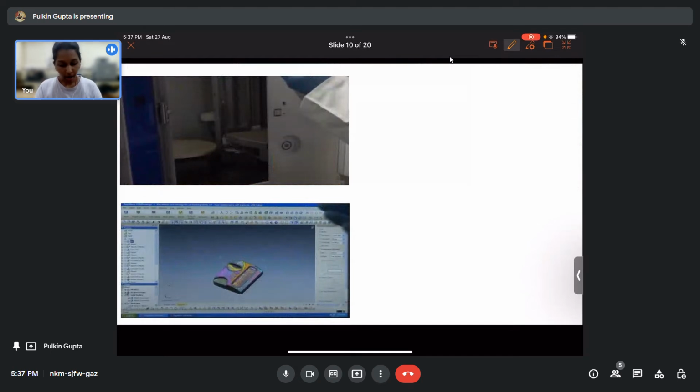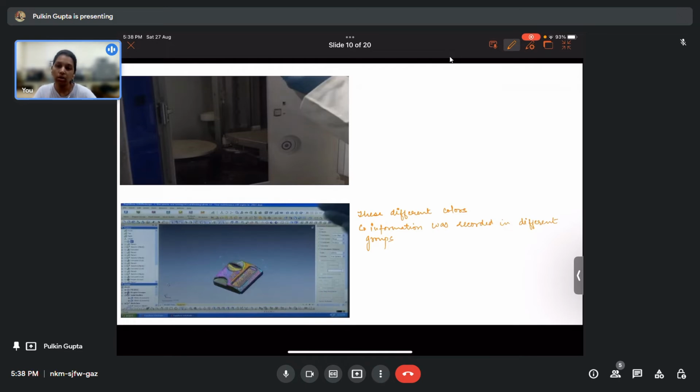Now, the information was recorded in patches. These different colors show that the information was recorded in different groups. This purple or pinkish one was one group, this yellow one was one group, and this orangish one was another group.